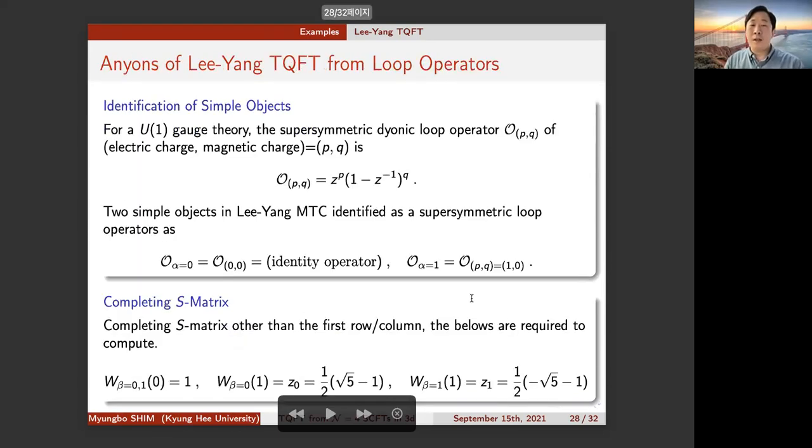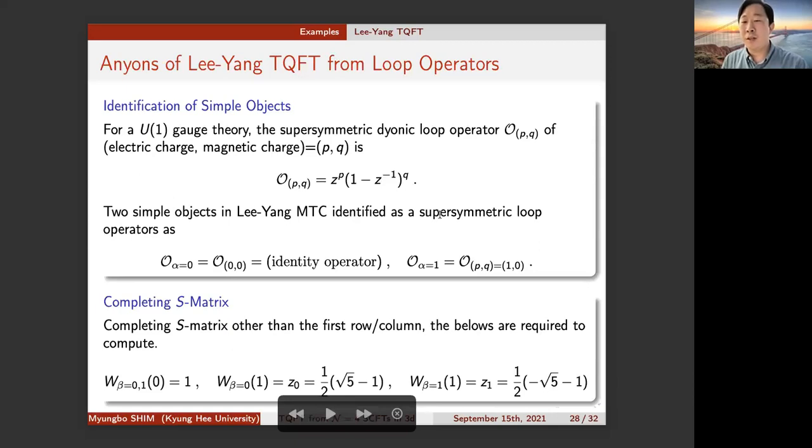To complete the modular S-matrix, we need to identify anyons with supersymmetric loop operators of our minimal theory.